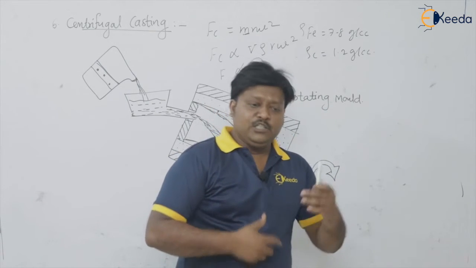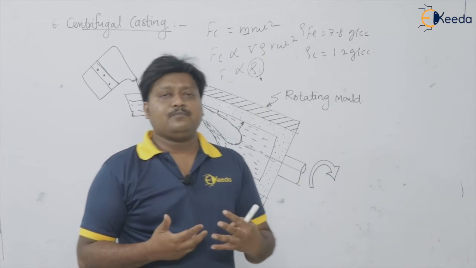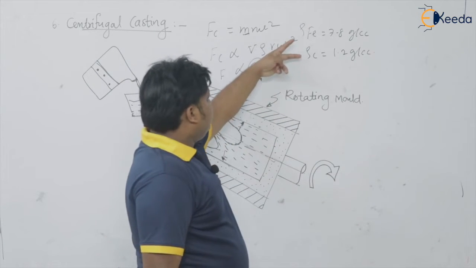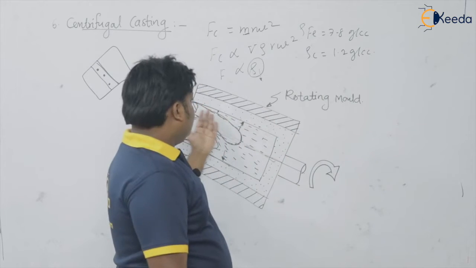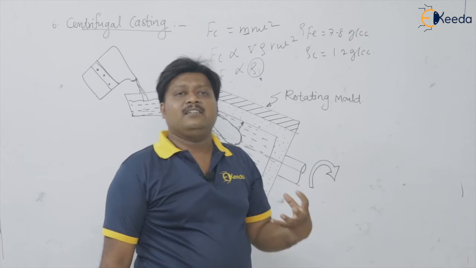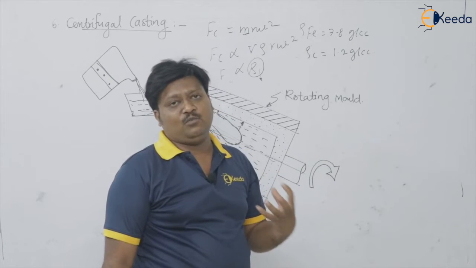So what happens during this rotation, during this centripetal action? Definitely iron will try to go to the outer periphery, whereas carbon will try to stay at the center, at the axis of rotation.